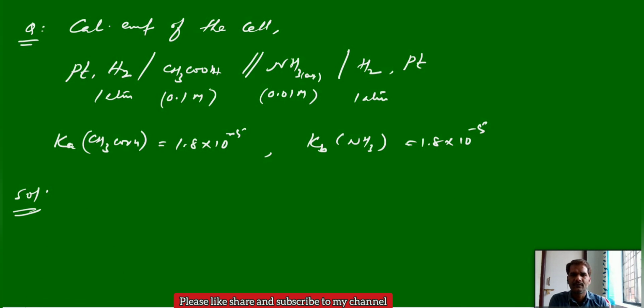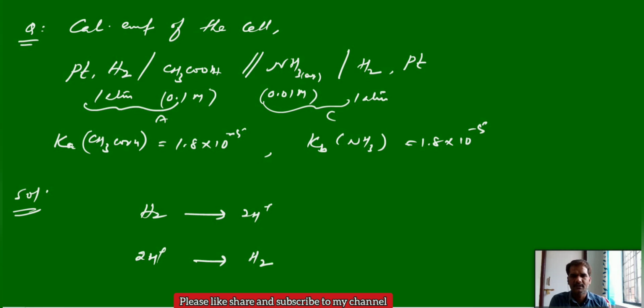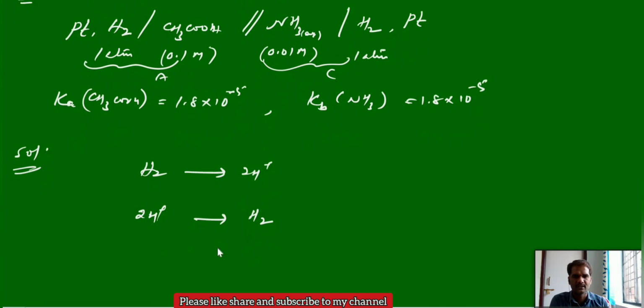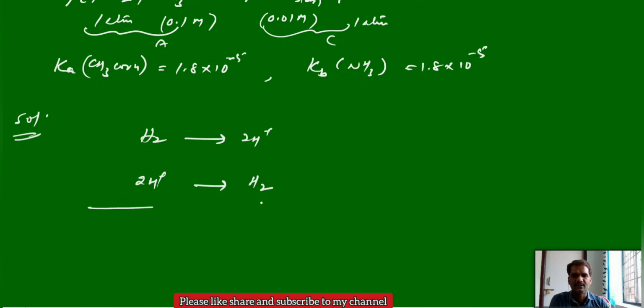Solution. Write the cell equation: anode, cathode. The first one is the anode, and this is the cathodic reaction. Hydrogen converts into 2H plus at the anode, and 2H plus converts into hydrogen at the cathode. Why? Because in both cases it is a hydrogen electrode. Now the overall equation.